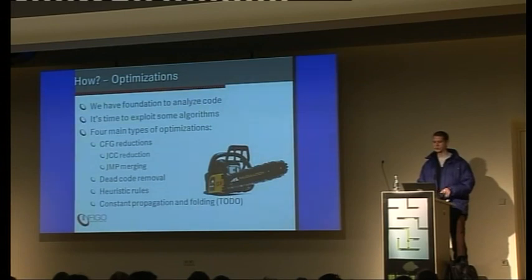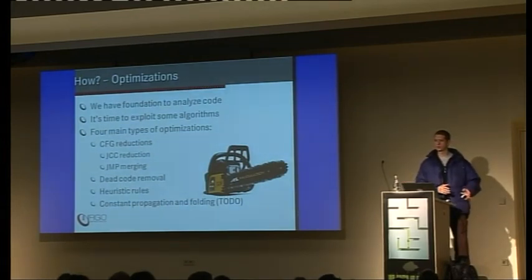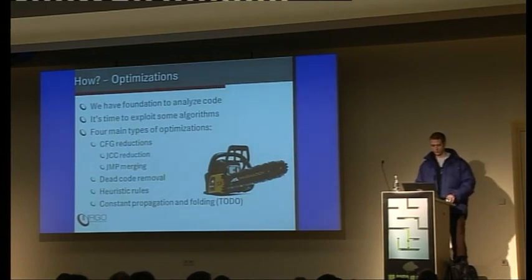The third type is heuristic rules. During analysis, you build your database of traditional obfuscations that you can easily remove by short scripts, import it into the optimization algorithm, and use it to automatically remove all the mentioned obfuscations. And the last one is constant propagation and folding.